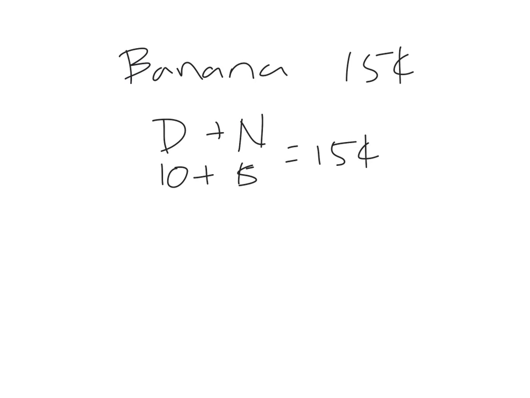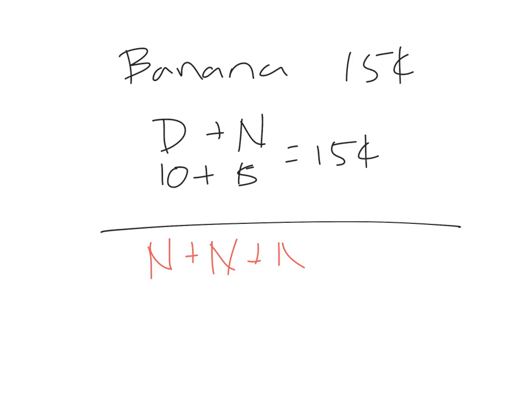I also know that 2 nickels make a dime. So if I needed to show a second way, I could do nickel plus nickel to make my dime plus my third nickel. So we're always looking for ways to show different amounts after we've created the smallest amount possible.